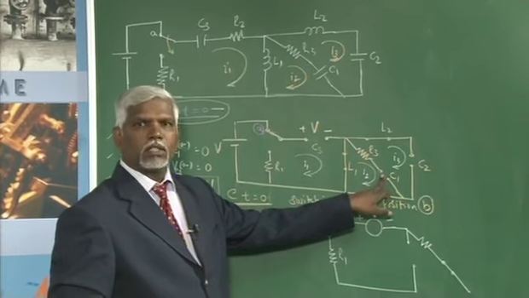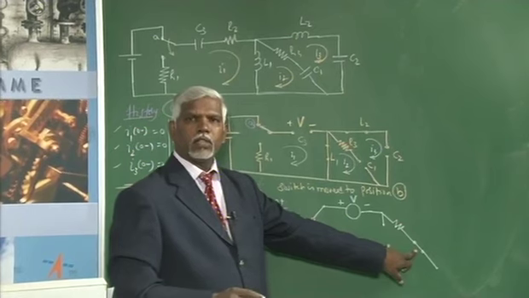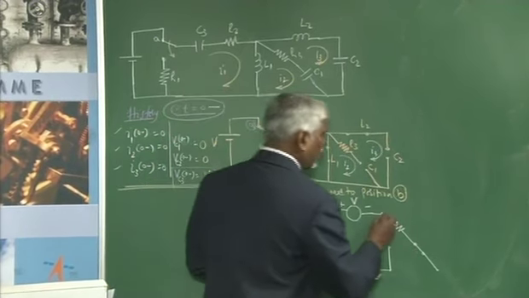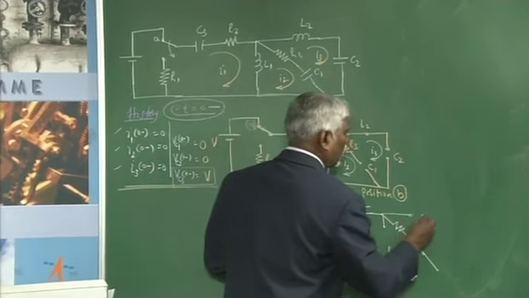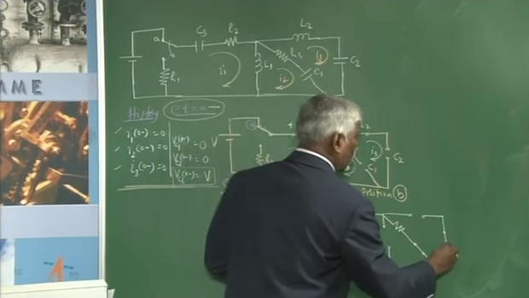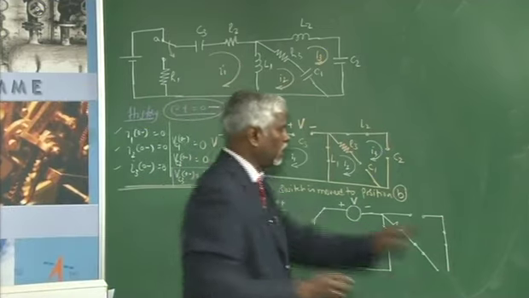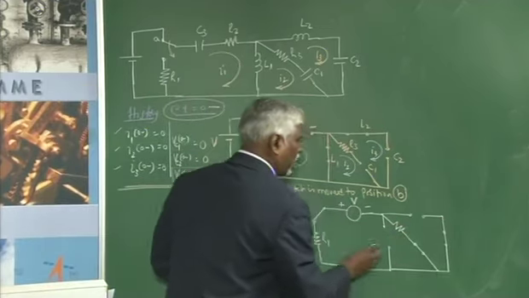There was no voltage across C1, and it will not allow any change in voltage immediately. Similarly, the current through the inductor was 0, so it acts as open, and the voltage across C2 was 0, so it acts as a short. Finally, this will be the network.